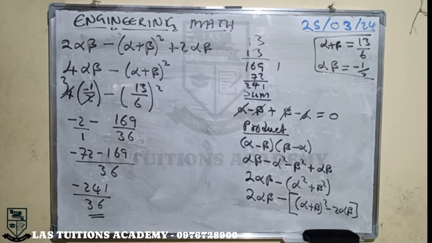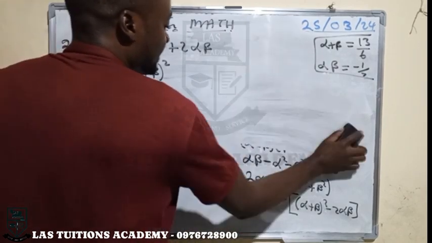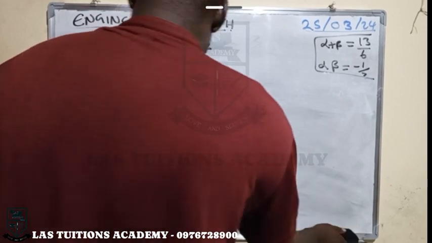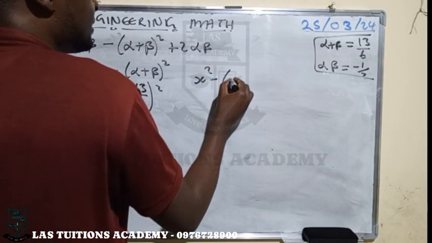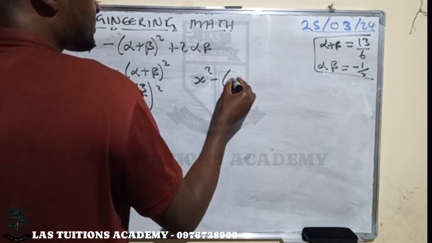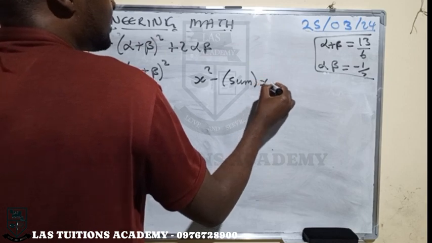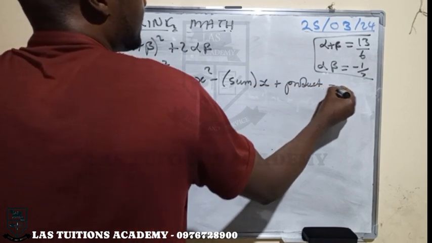So now we come to the general equation. We say x squared minus the sum of roots x plus the product of roots is equal to 0. This is the equation we are supposed to form.